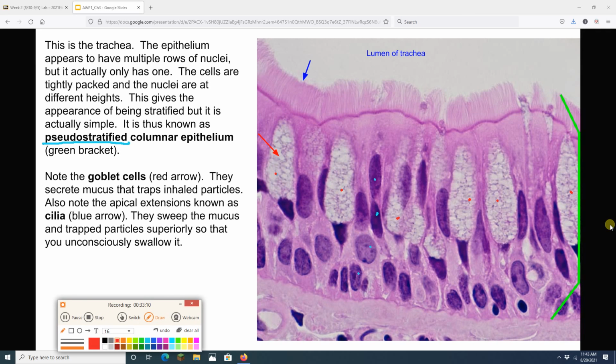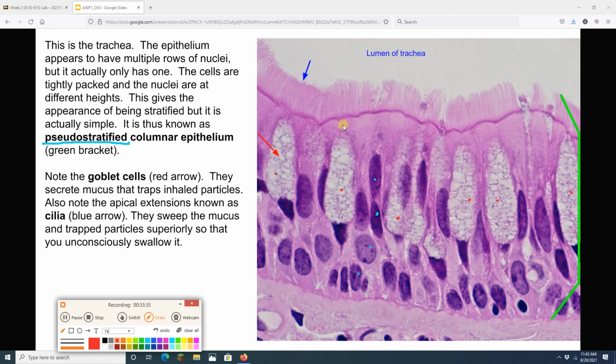No, we don't. So what we have are these hair-like extensions here on the apical side of the cell. These guys are called cilia. They're kind of like microvilli, but cilia move. Microvilli just stand there. Cilia basically do the wave upward. They sweep upward, constantly sweeping the mucus up.